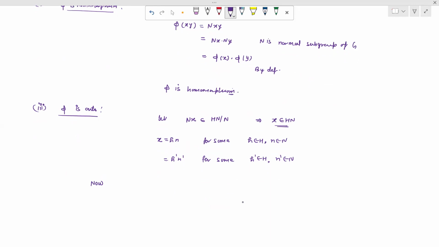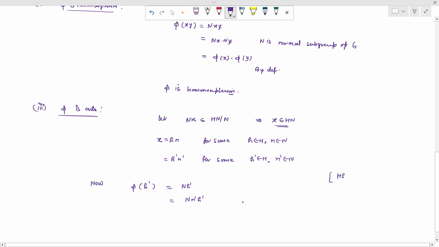Phi of h', which by definition is N h'. So this N h' can be written as N n n' h'. We can write this by the definition of subgroup.